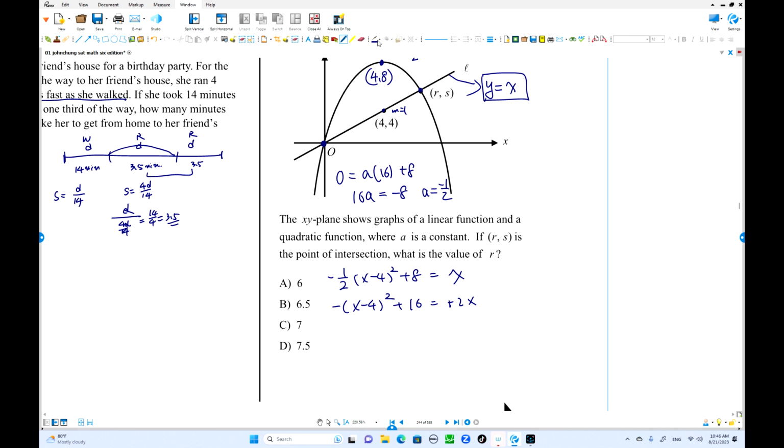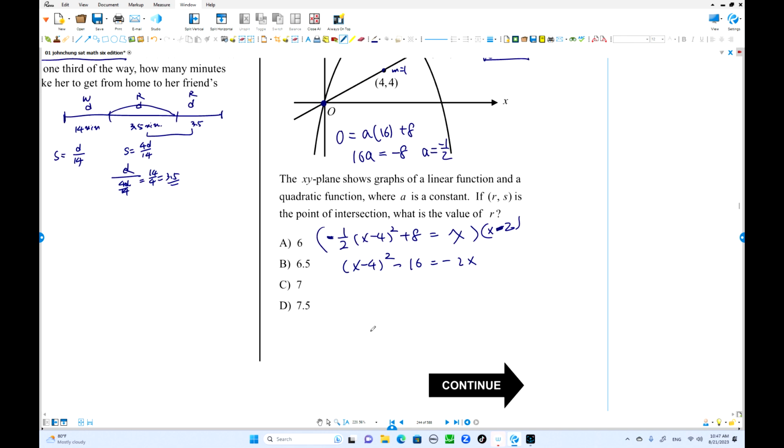Or times negative 2, again. This is negative, this is negative. Times negative 2 is better, okay? Times negative 2 to make this a positive. Okay, now solve this one.